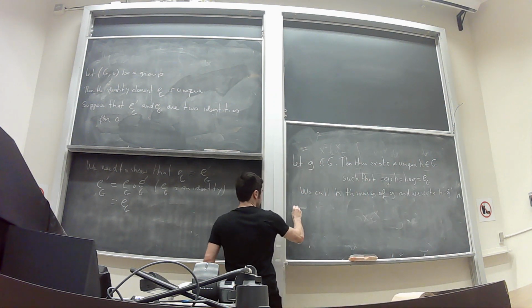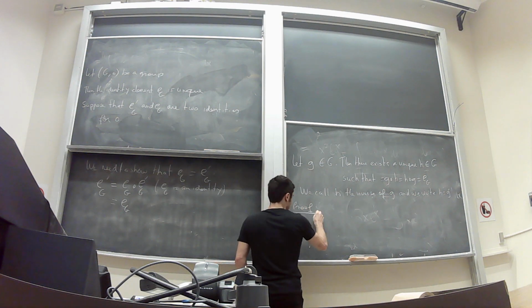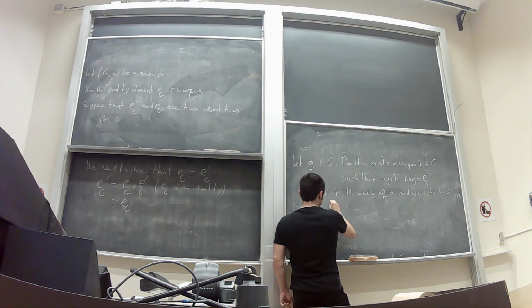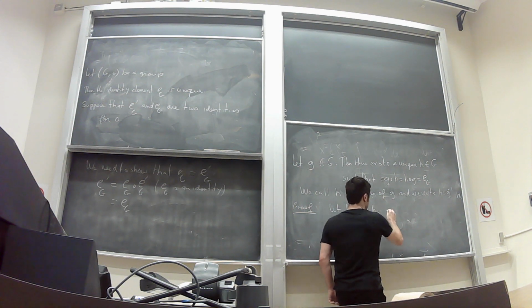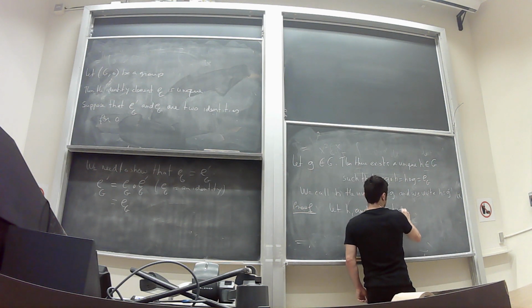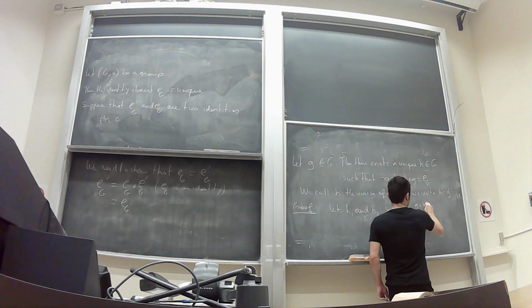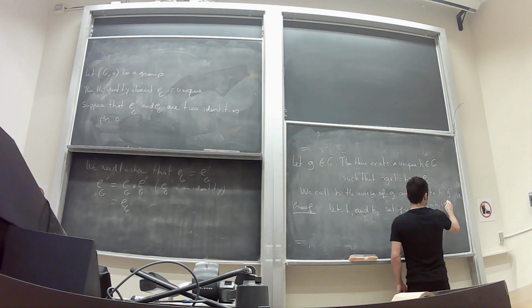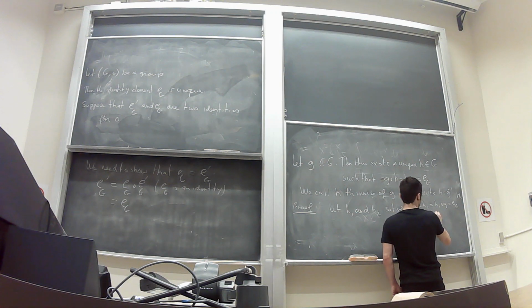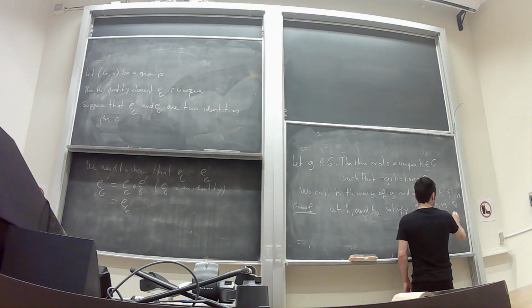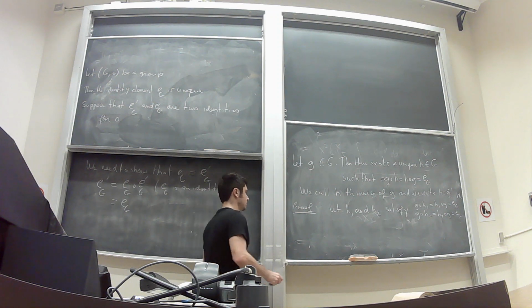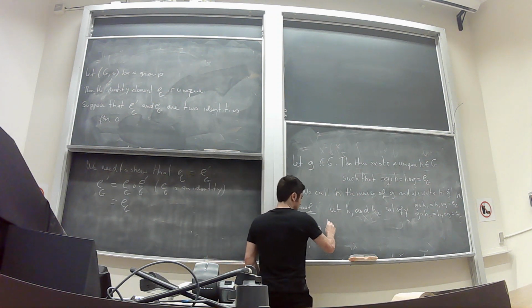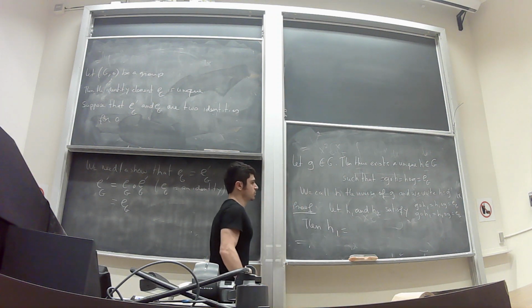Okay, let's prove this. So let h1 and h2 satisfy g h1 equals h1 g equals e_G, and g h2 equals h2 g equals e_G. Then what is h1 equal to?